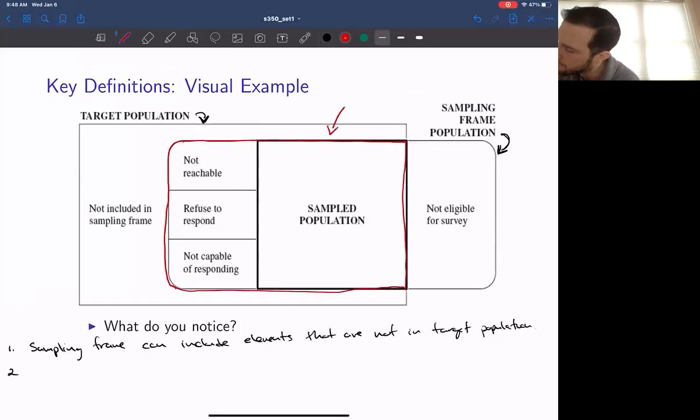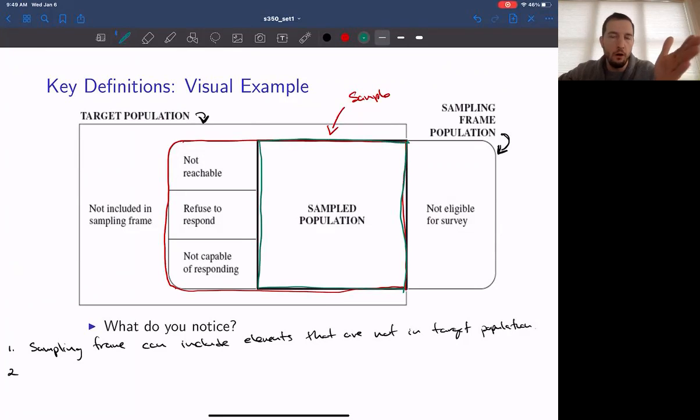So I twisted these up a little bit earlier, but inside the sample, you have the actual sampled population. So from the sample that we have collected from our sampling frame, the sampled population are the persons that have responded to the survey and have contributed hopefully useful information. And that is what we are going to base our future inferences on.